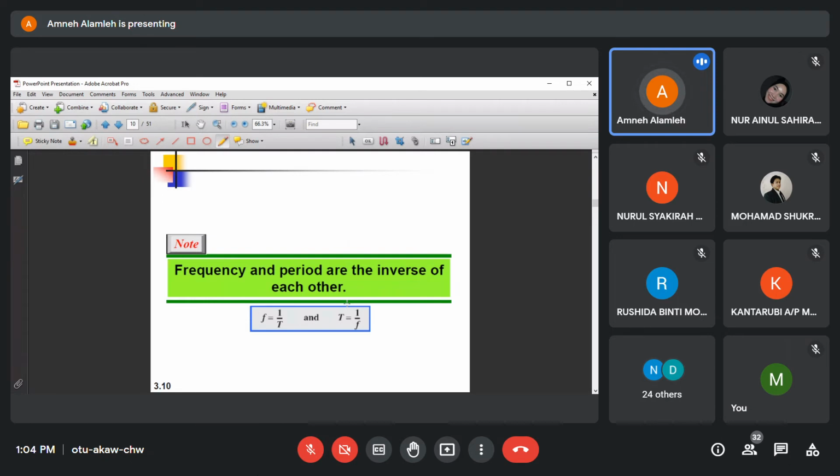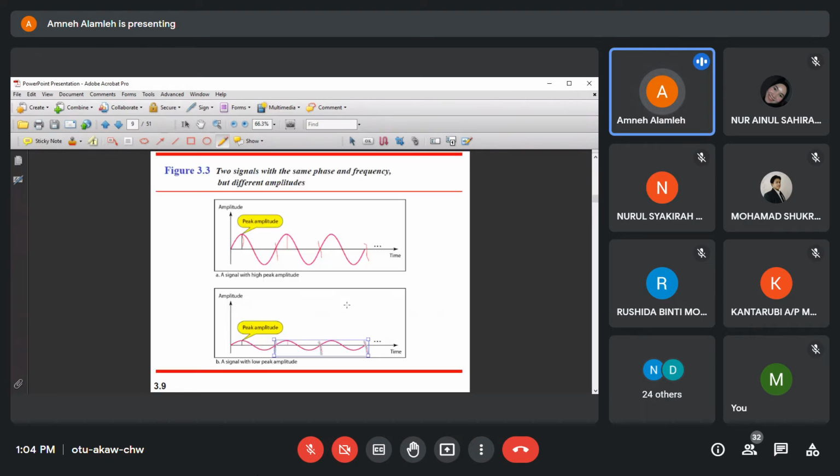Now, what is the frequency? The frequency, as I told you in the previous example or figure, is the number of waves in the time unit. So if we have here 1 second, the frequency now is 1.